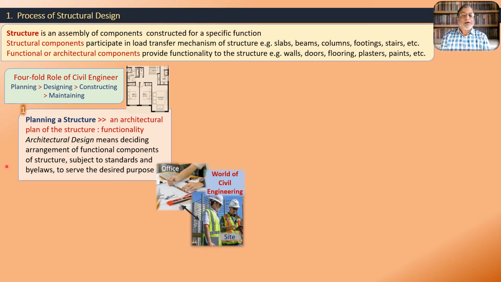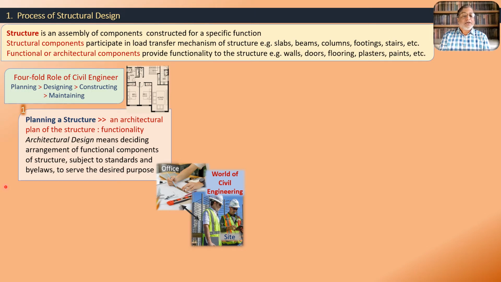For example, for an apartment structure, the living room, bedroom, and kitchen are the areas of the structure which are architectural or functional components. So an architectural design means deciding the arrangement of functional components of the structure subject to standards and bylaws to serve the desired purpose.